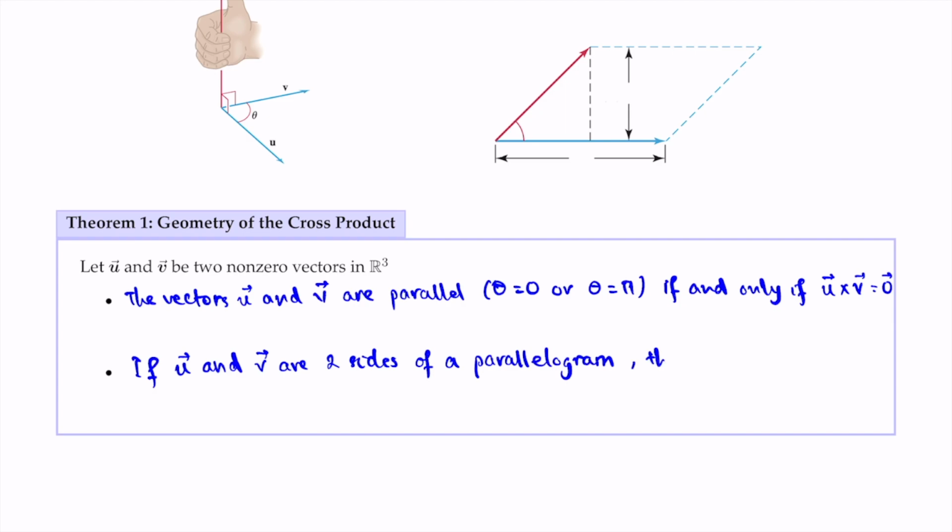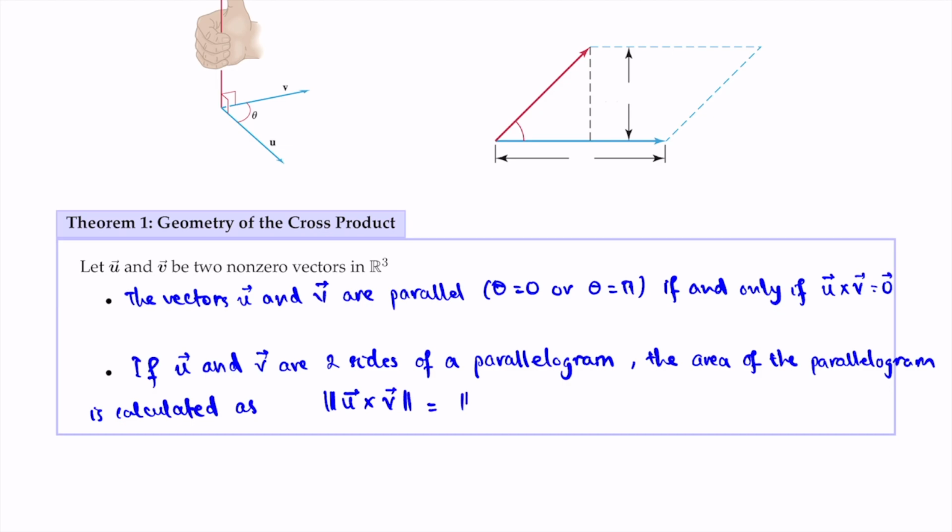So the area of the parallelogram is calculated as the magnitude of u cross v equal to the magnitude of u times the magnitude of v times sine of the angle between the two vectors.